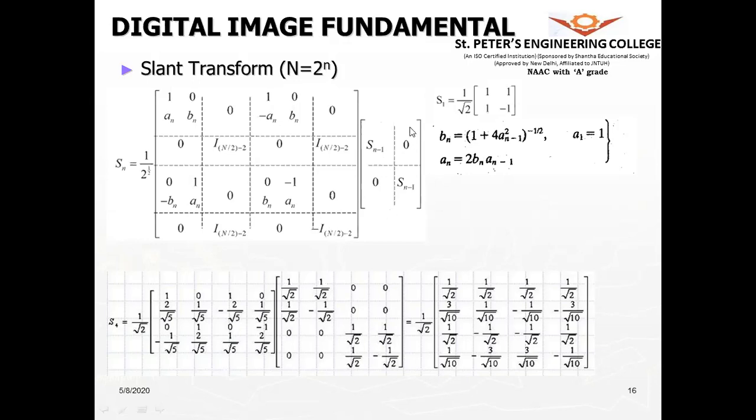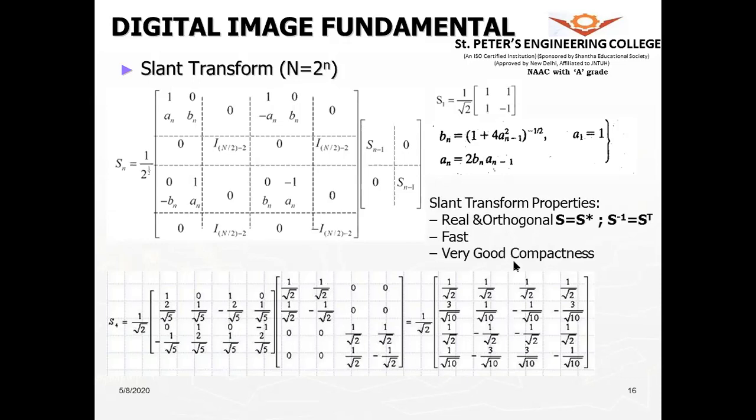So this 4 by 4 matrix will be multiplied with this 8 by 8 matrix, and that will be the result. So here we have shown it for S4. Therefore, the 0 and the identity matrix don't come into the picture. All those elements are deleted.